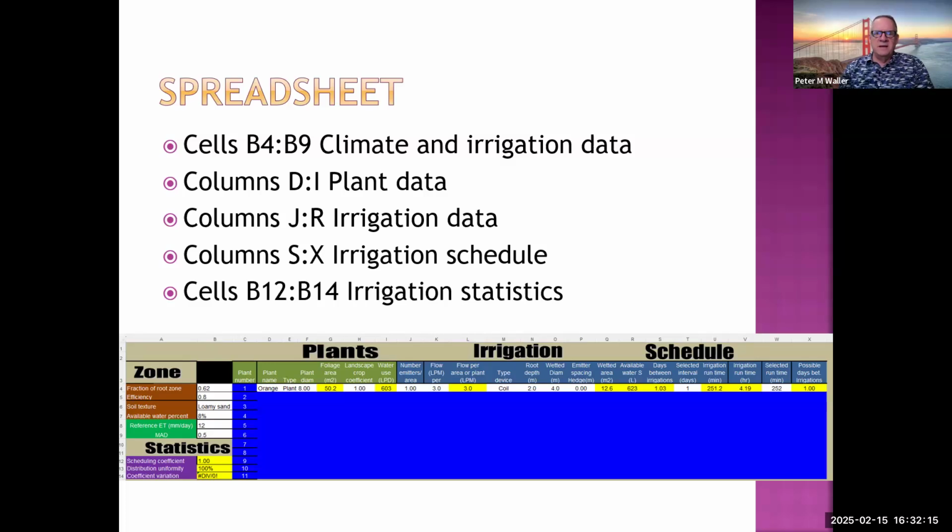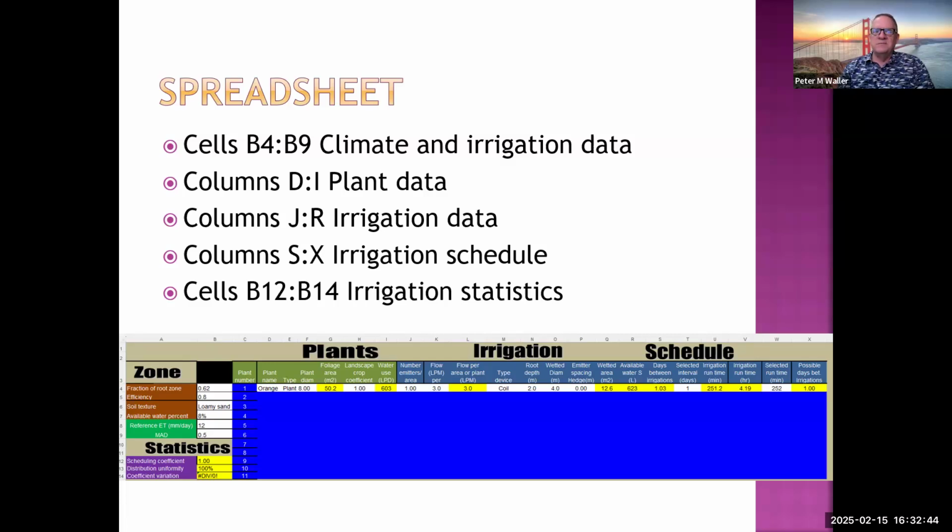Column M has the root zone depth. Actually, I'm just going to read this off. I'm not going to try to find them. That would be hopeless. Cell B4 has the fraction of the root zone utilized by the plant. So you can see here it is 0.62, if you use that 40-30-20-10 rule. Cell B5 has the irrigation efficiency.